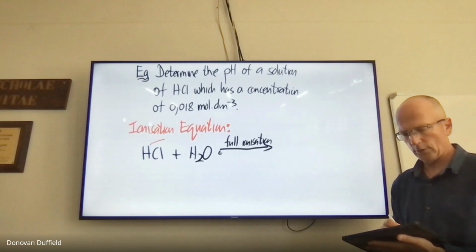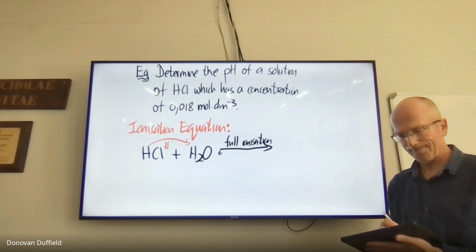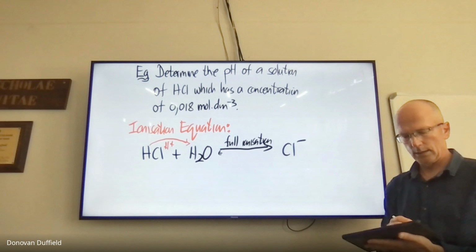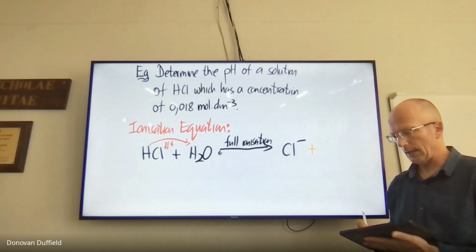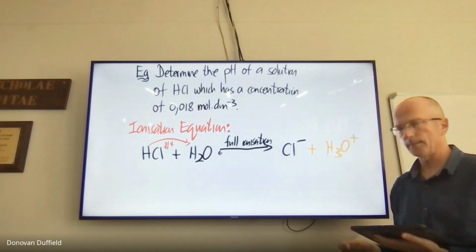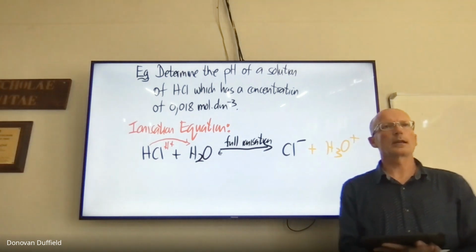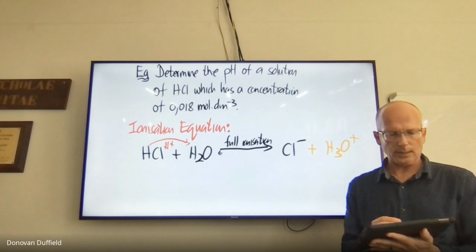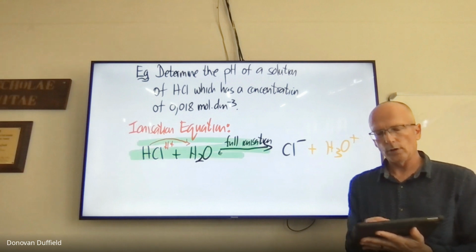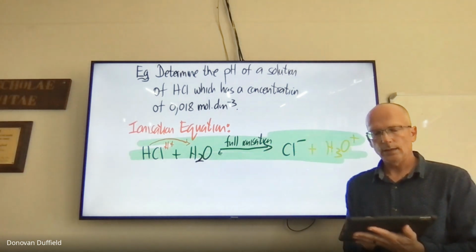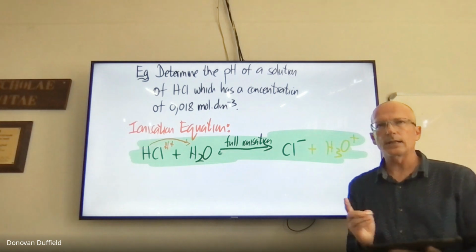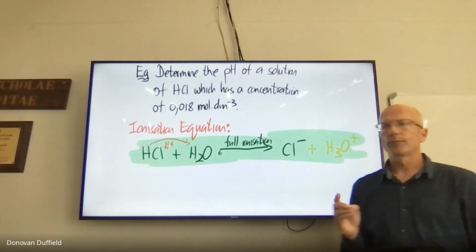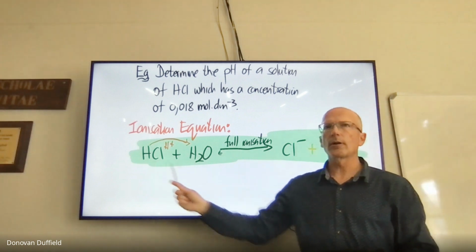There's going to be a transfer of H plus. It's going to leave us with Cl minus plus H3O plus. Now, ladies and gentlemen, this particular step is where very, very easily you can slip up. Okay. Now, this is a strong acid.